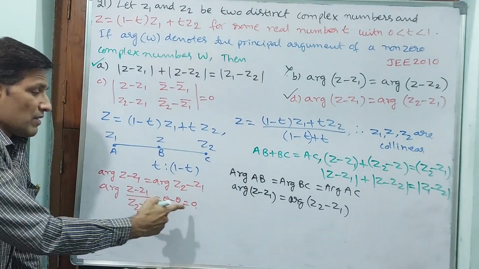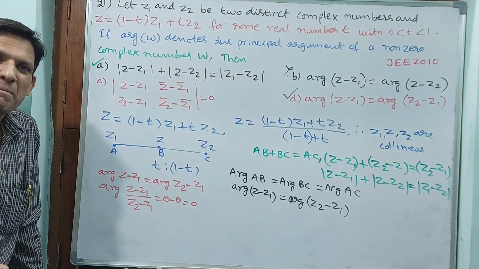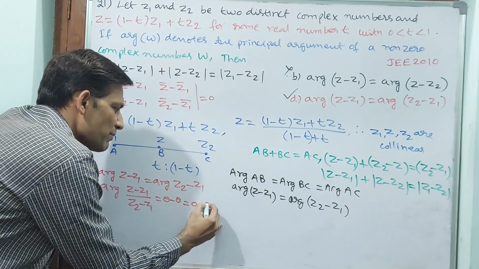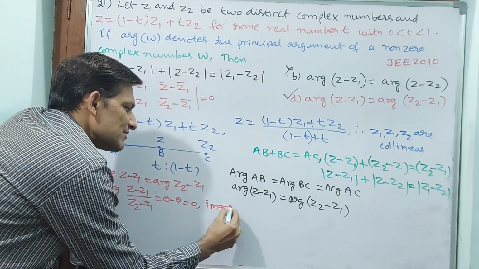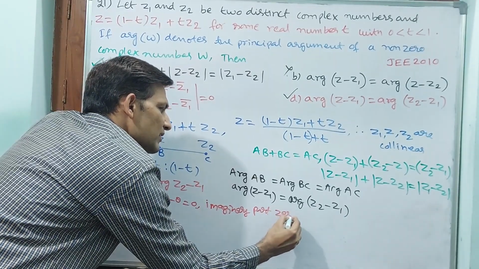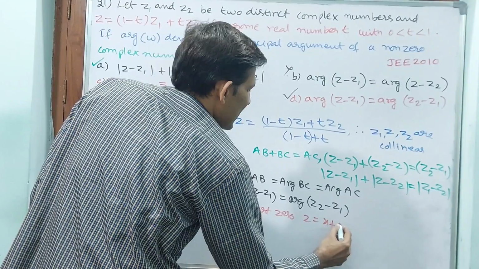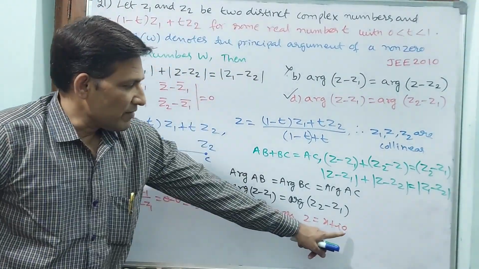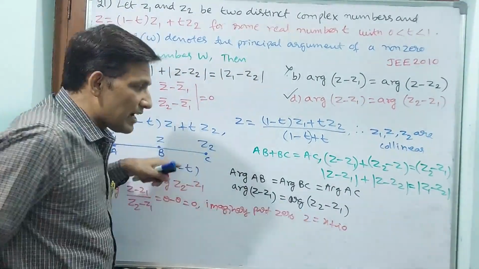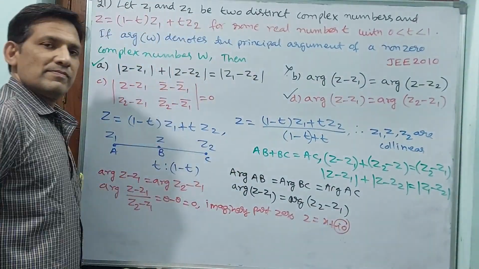Theta 0 means what? Argument, real number. Why? Because the imaginary part is 0. z is equal to x plus i0. Here, if the angle is 0, it means a real number. Real number means i0 is 0.